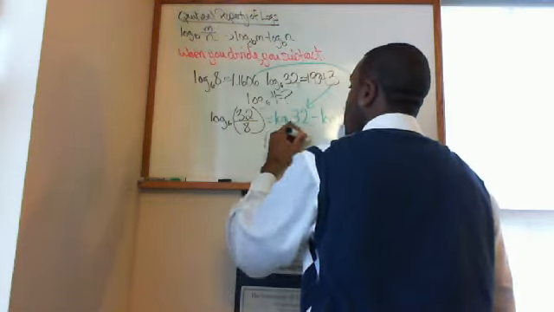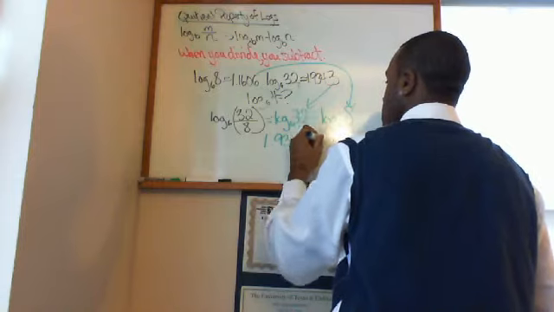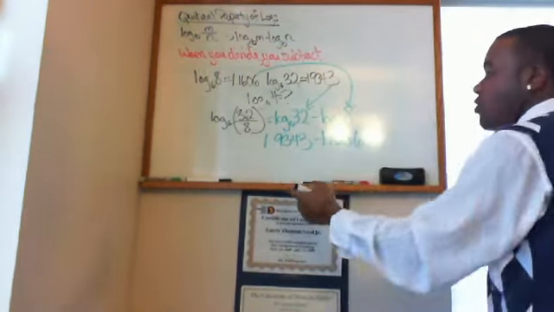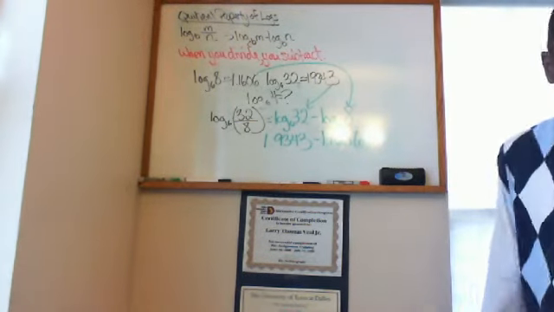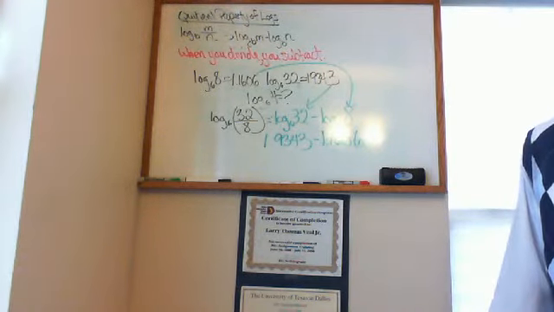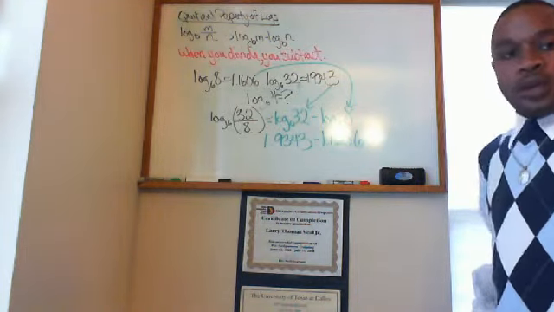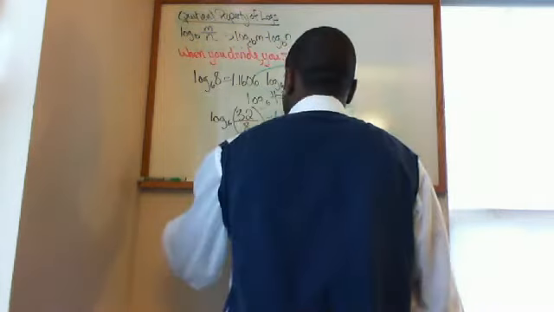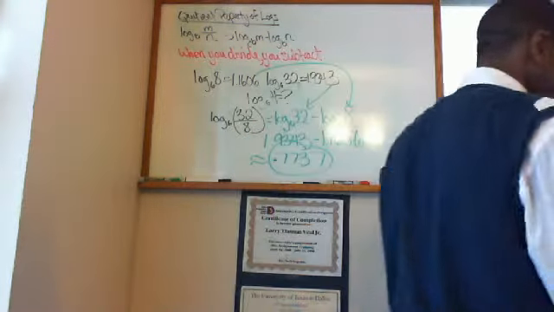All right, 1.9343 minus log base 6 of 8, which is 1.1606. Take your calculator and subtract these two. The answer is 0.7737. This is my log based on my approximations.